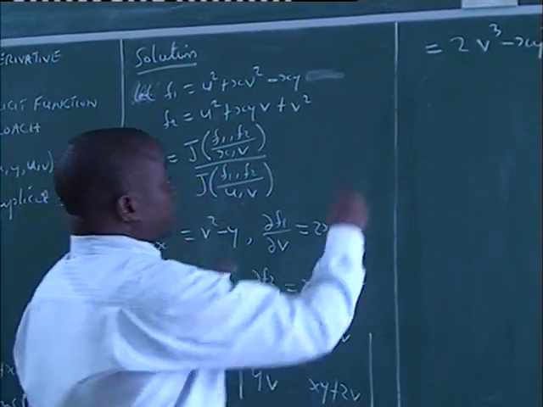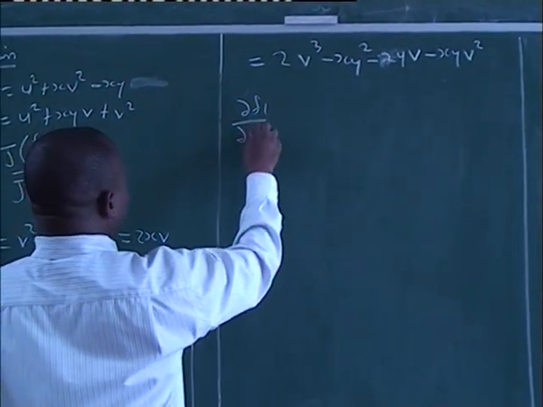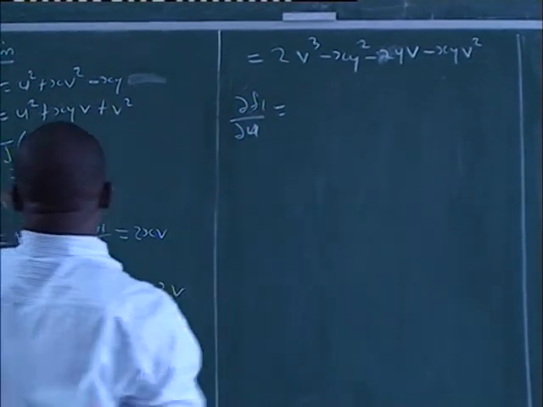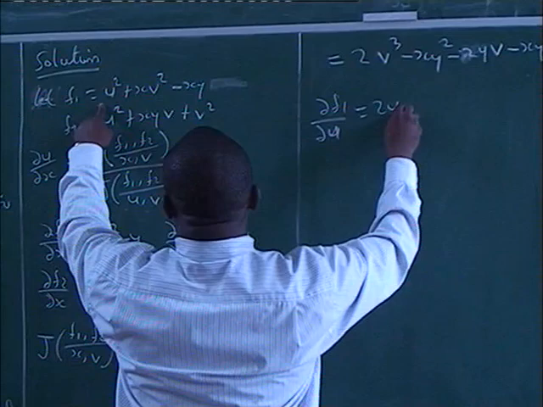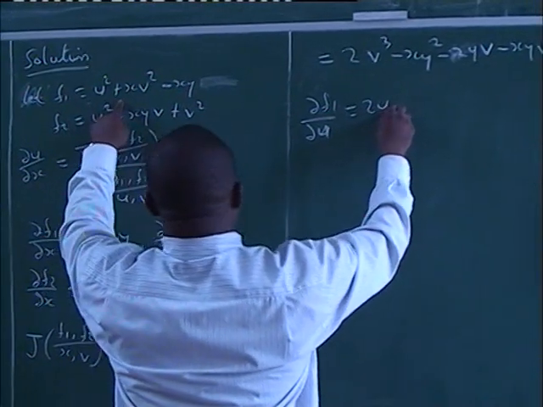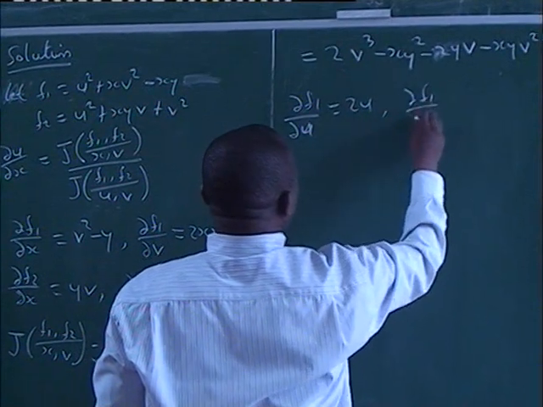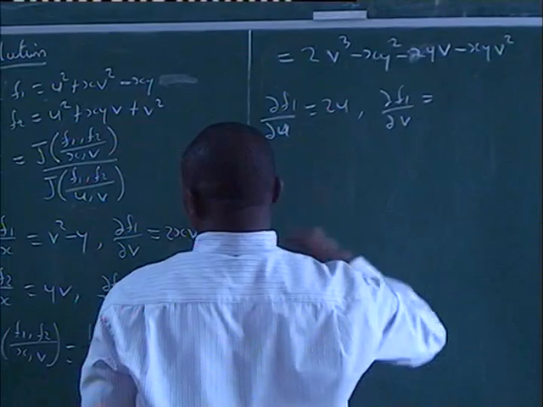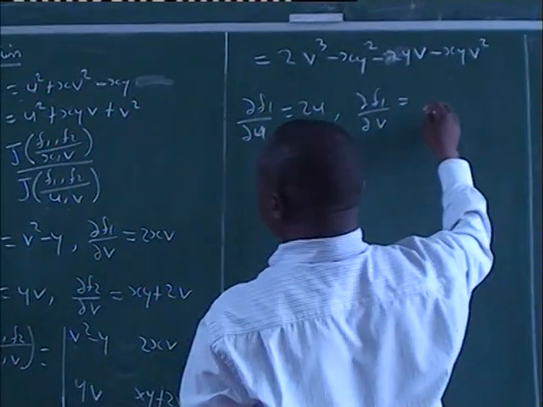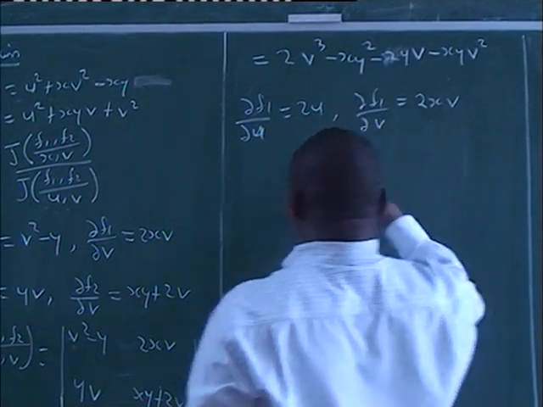And so what we need here is partial f1 partial u. Partial f1 partial u from here will give us 2u. Now partial f1 partial v will give us 2xv.